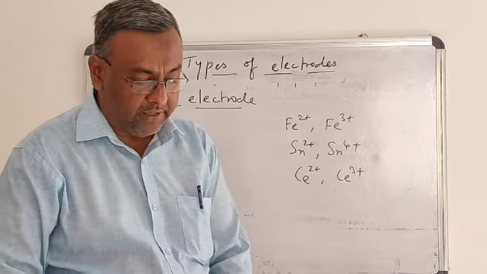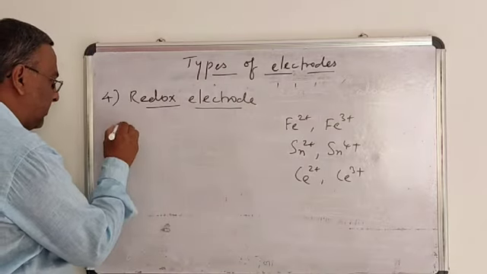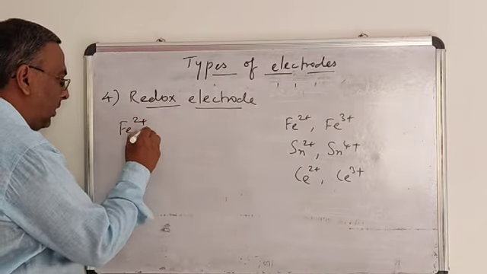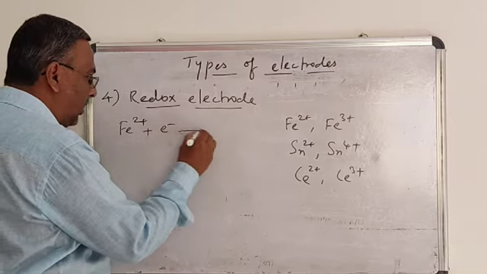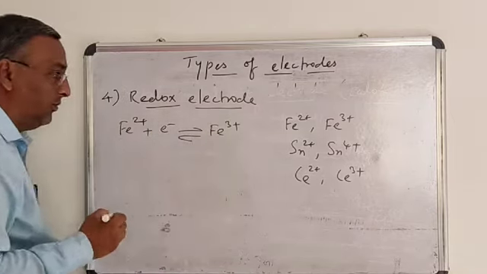Now I can write the electrode reaction. For example, Fe2+ oxidizes to Fe3+ with the liberation of an electron.